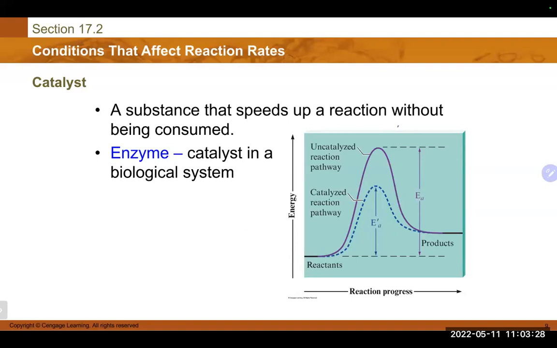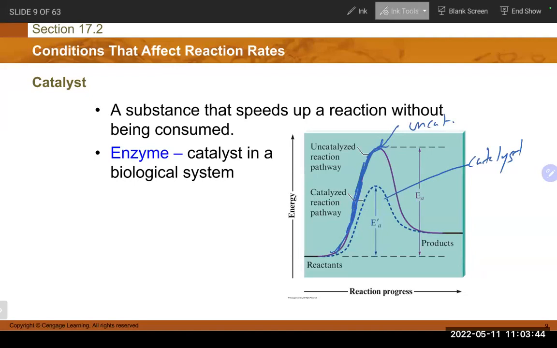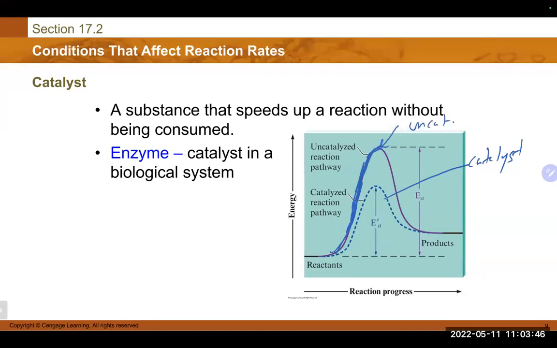So here is our uncatalyzed reaction. And again, this is the hill that everybody has to climb all the way to the top here. By adding a catalyst, again by finding that alternative pathway, it is able to essentially lower this hill that it has to climb. So obviously, if it is a much lower hill to the other side, that's going to also allow a greater proportion of molecules to be able to get up and over.